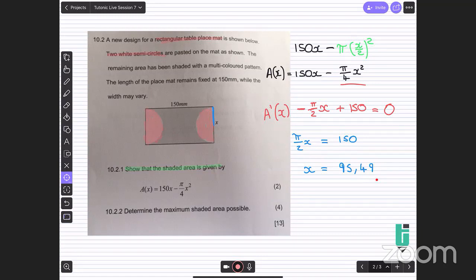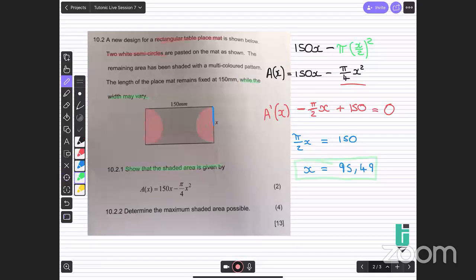You guys agree? X is just a number, right? It's not an area. They said the width can vary, the x can vary. So you want to determine what value x must be so that my shape is a maximum.